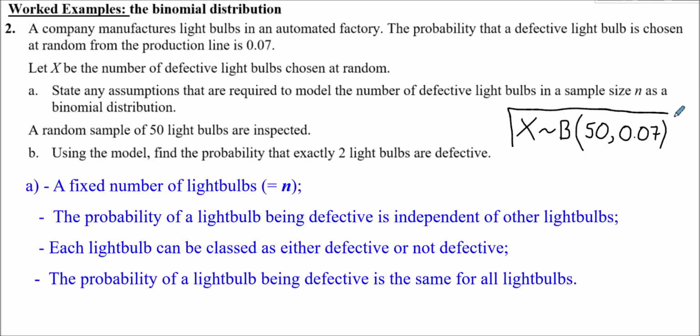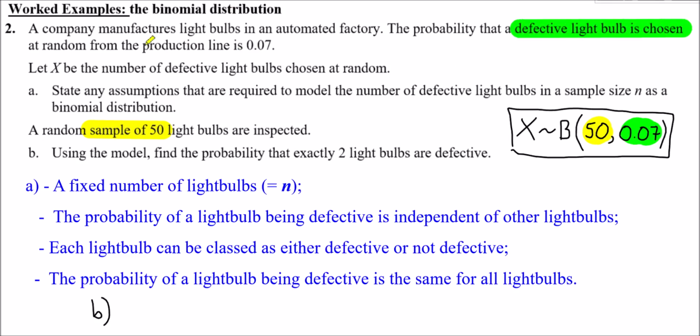So this is going to be our way into tackling this question for part B. In terms of where these numbers have come from, 50 is the number of light bulbs, that's a sample size, and 0.07 is the probability of it being defective, which is from the top line here.